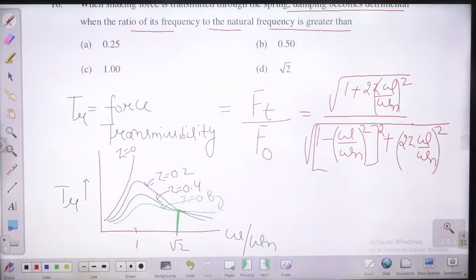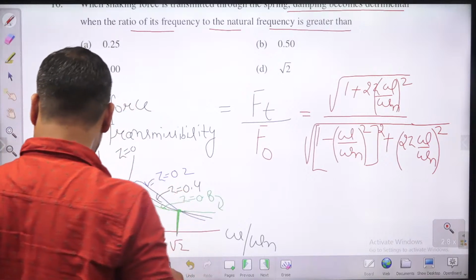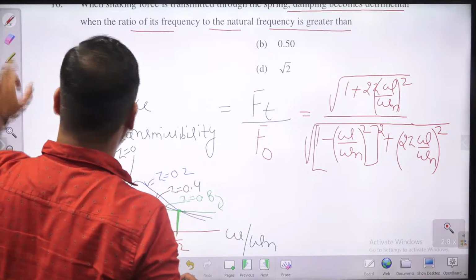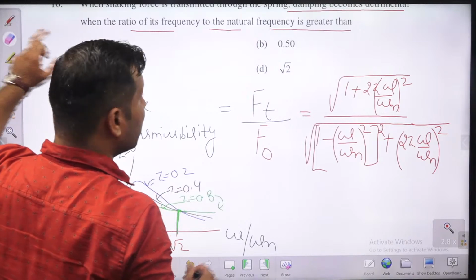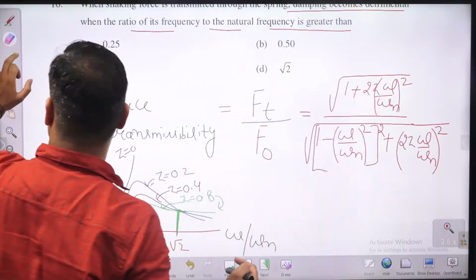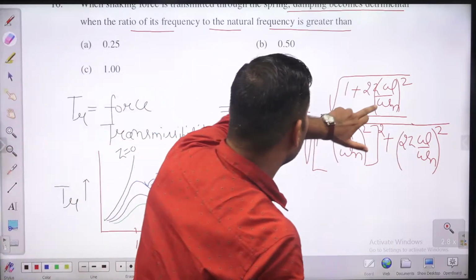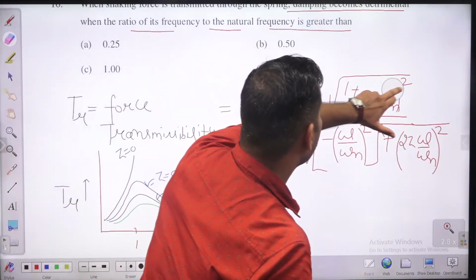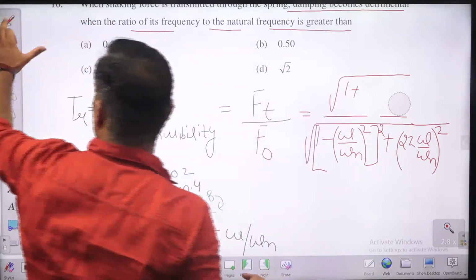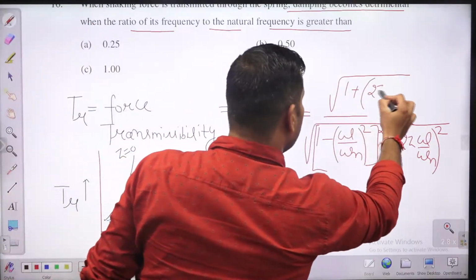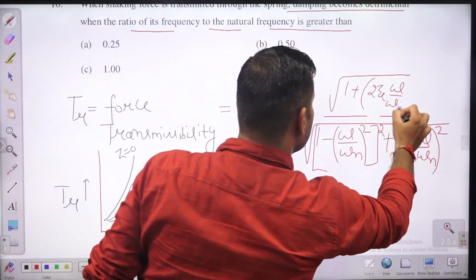If you check here, guys, if this zeta is 0, this will be inside the bracket, let me write it here, this 2 zeta omega by omega n square.